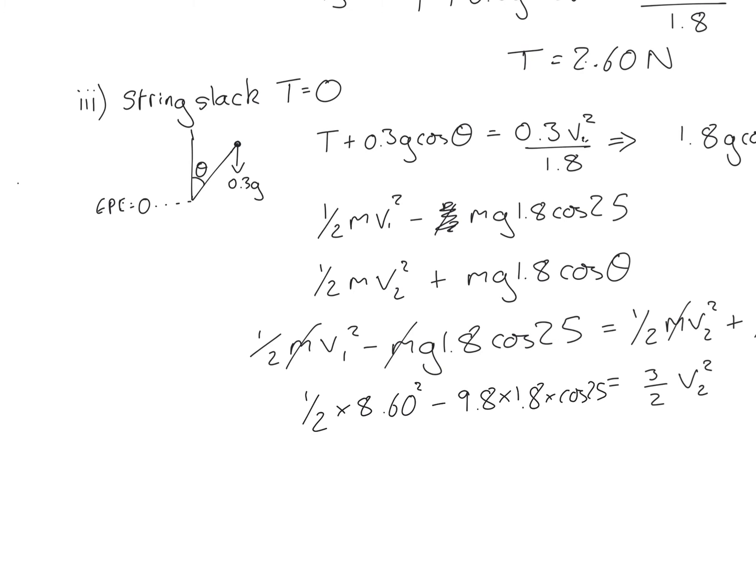If I square root that, the answer I get is 3.74. So v2 equals 3.74 meters per second.